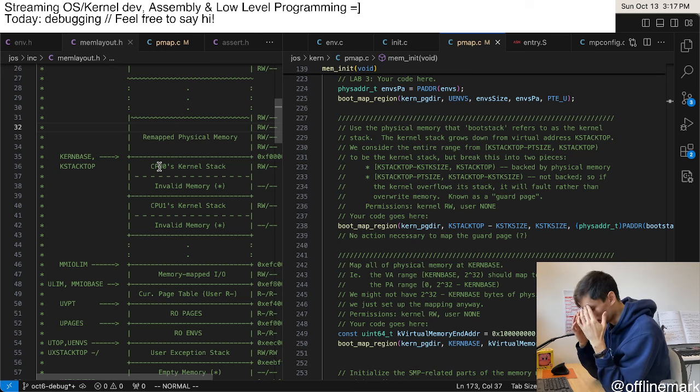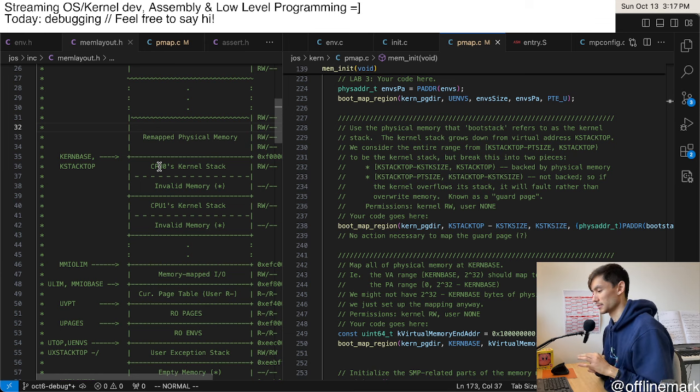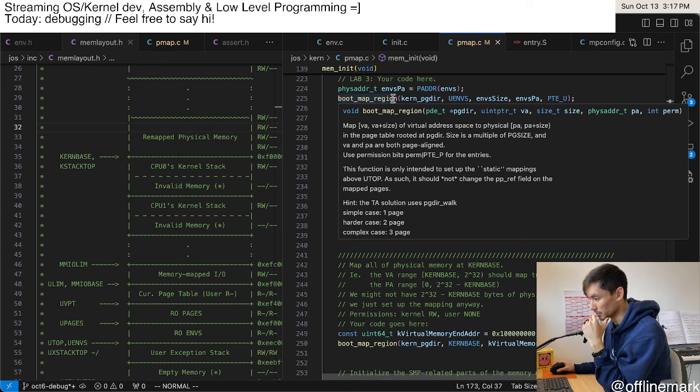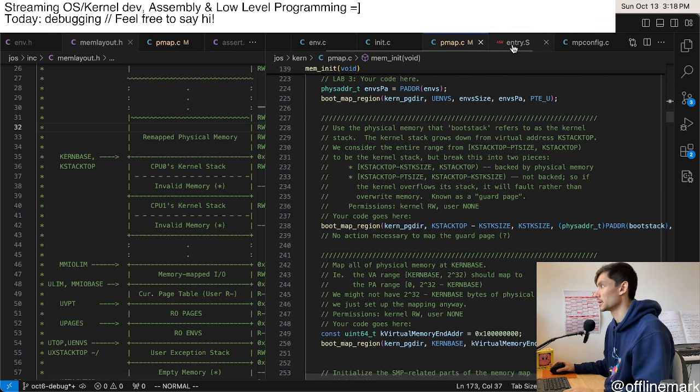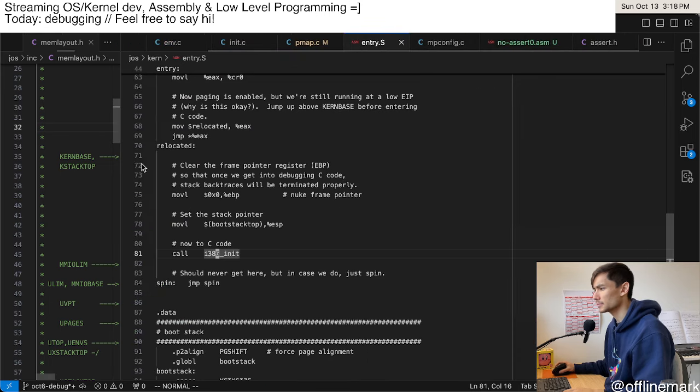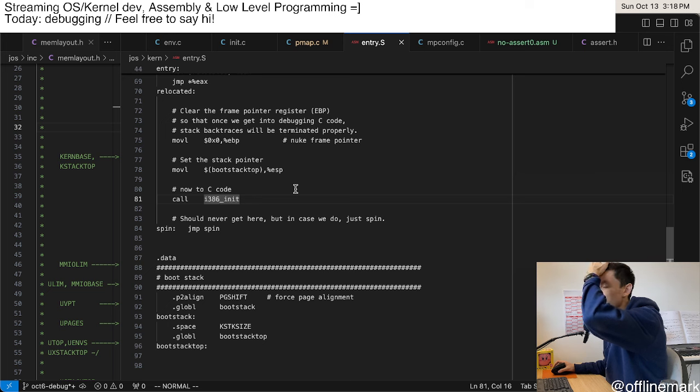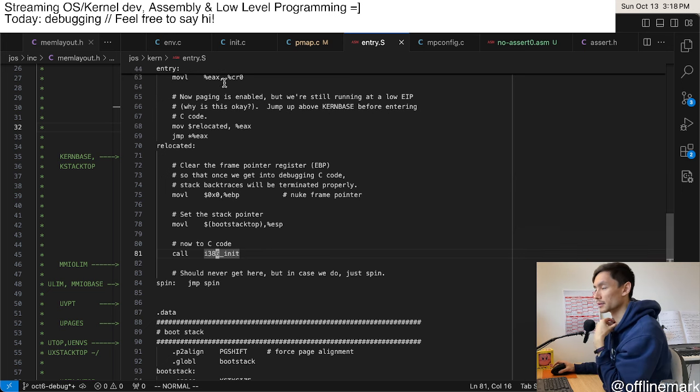I am feeling a little confused about this boot stack versus this mapping. We were running using the boot stack before, and we were using virtual addresses to set that up, because we already enabled paging.